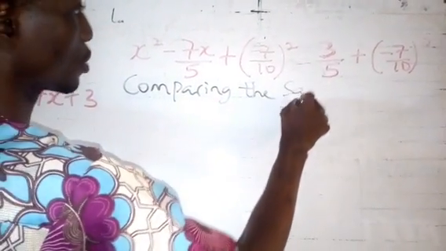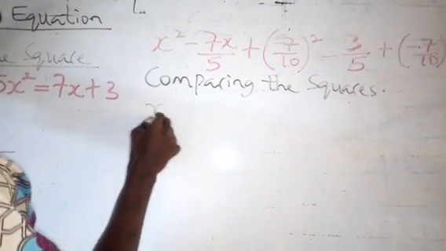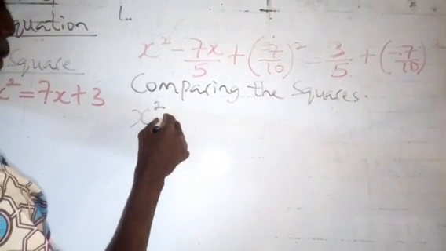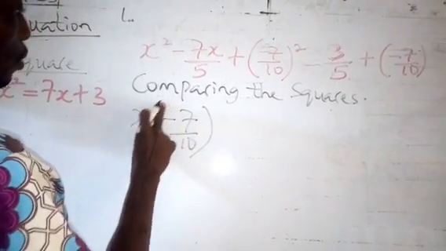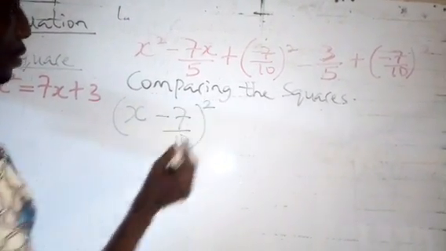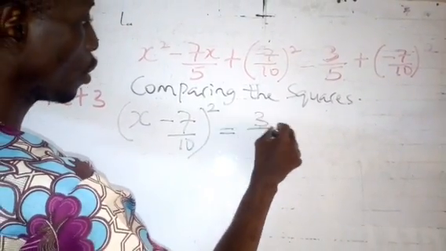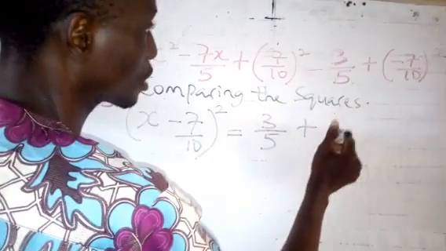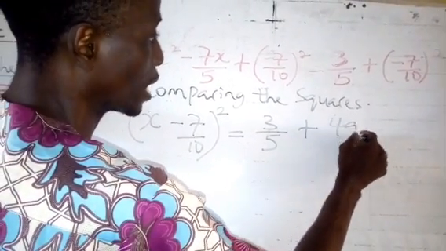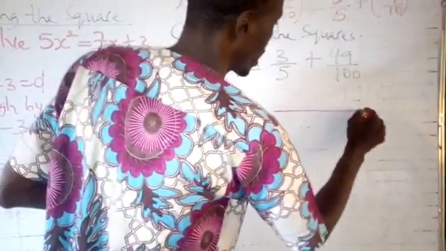We now have x minus 7 over 10 squared equals 3 over 5 plus minus 7 times minus 7, that's 49 over 100. Comparing the squares, we are going to look for the LCM.